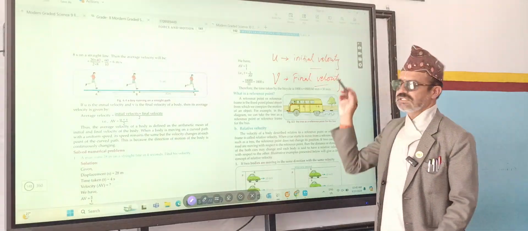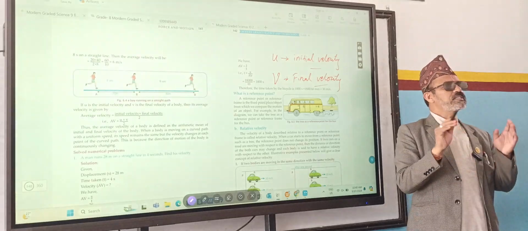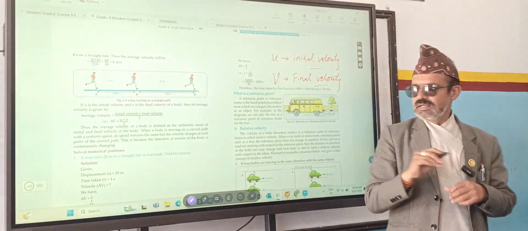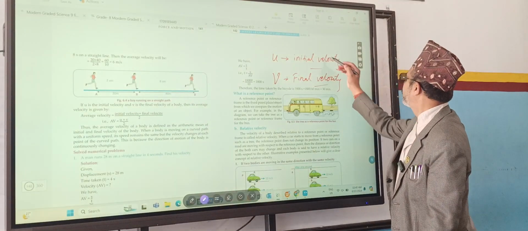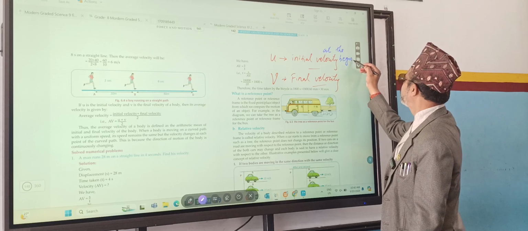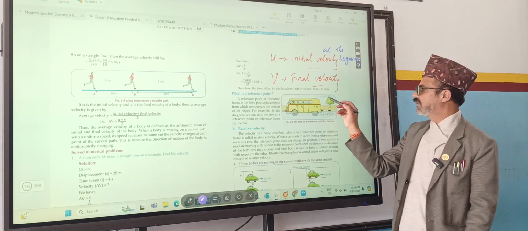What is initial velocity? What is final velocity? Initial means at the beginning. Final means at the end, at last.